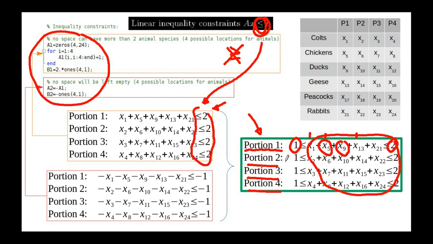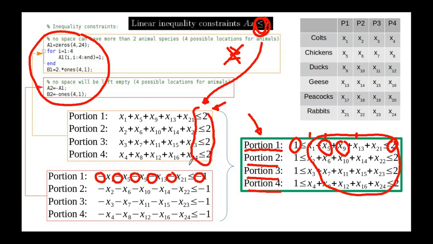But the problem is here, because this addition must be greater or equal than 1. So I need to turn this into a less or equal than. How can I do that? By changing the sign into a -1 for all the elements in the equation.